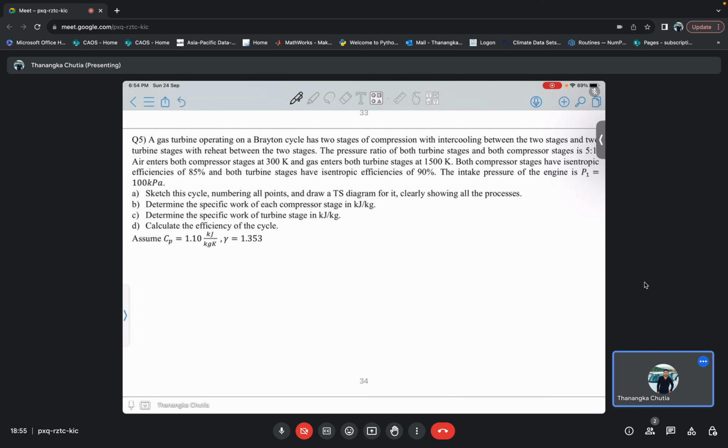So what is basically happening here? There are two stages of compression. If this is one compression, after that what happens?